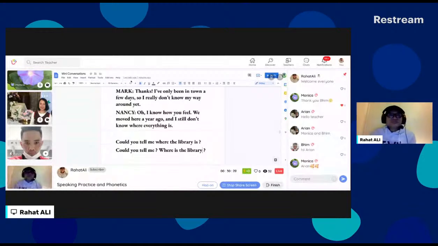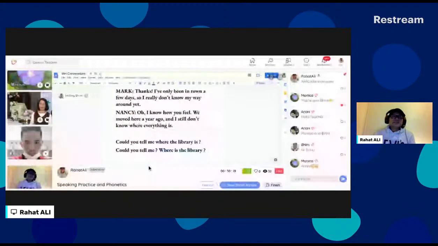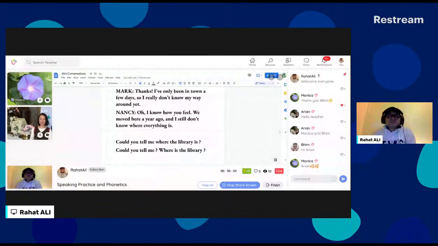So these are only 4 lines, but these are strong lines. Okay, let me try to bring Bim one more time. Looks like the connection failed. Teacher, in that sentence, "and I still don't know where everything is," this is not a question pattern, however the sentence is "where everything is."